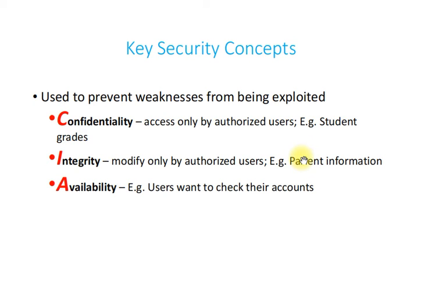The key security concepts. We use these to prevent weaknesses from being exploited. So confidentiality: we only allow access to authorized users. Integrity: modify only by authorized users. For example, patient information. You don't want to change that information.